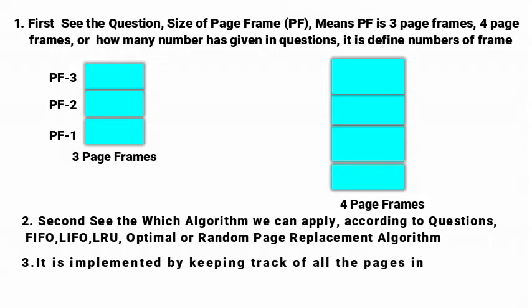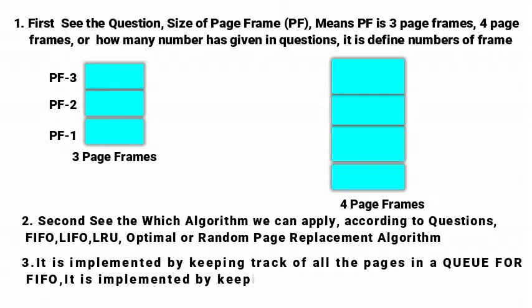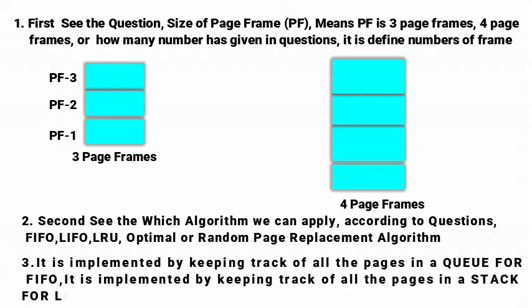If you are using the FIFO algorithm, then it is implemented by keeping track of all the pages in a queue. And if you are using LIFO, last in first out, it is implemented by keeping track of all the pages in a stack. Now, question number 1.